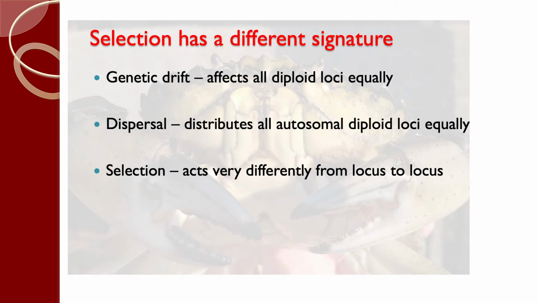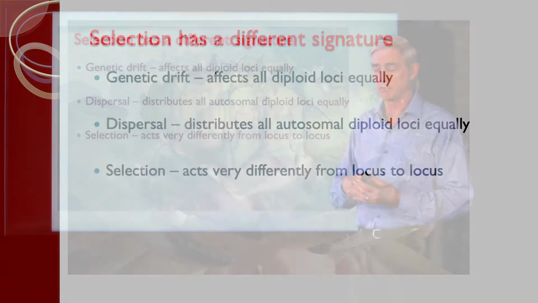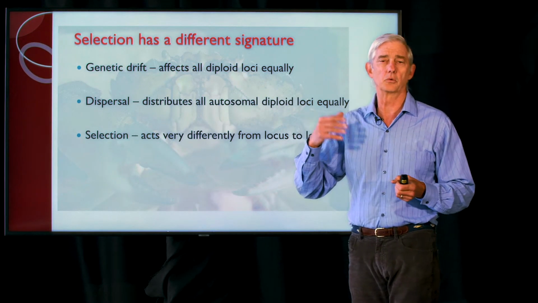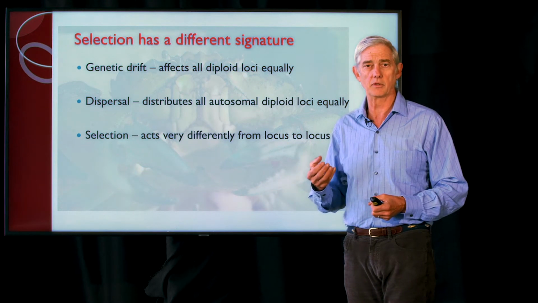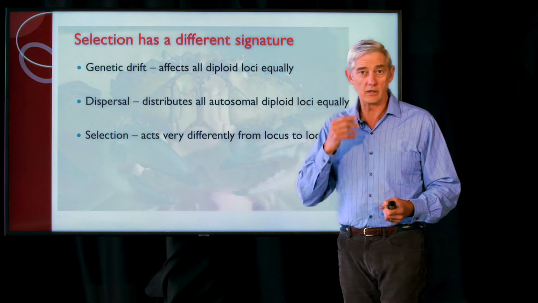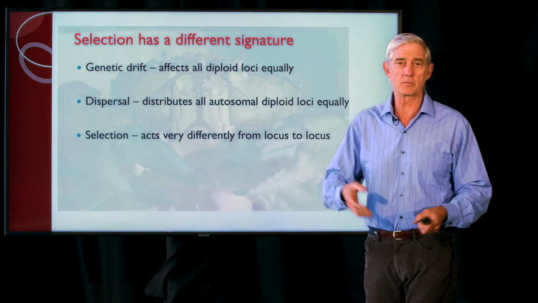The reason why this is important is that the different loci are acted on differently, and you can see that in their features. Something called genetic drift is a feature that affects all loci in a set of organisms exactly the same. That's essentially the random success or failure of individuals in the population, not depending upon their genes, but just depending upon chance events in the population over time.